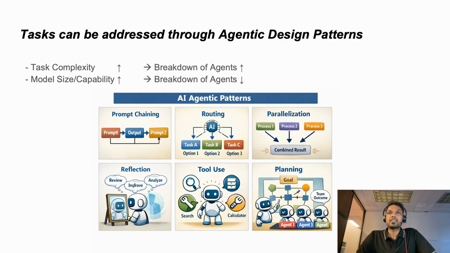In the routing system, the system or an orchestrator decides which specialized model or prompt path to use based on the input type or the intent. Example, customer support systems routing bill queries to a finance agent and routing technical issues to a debugging agent.